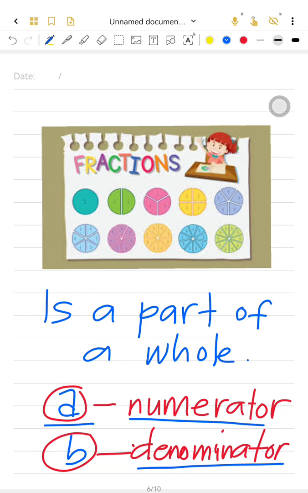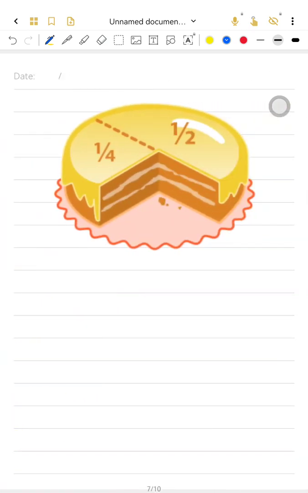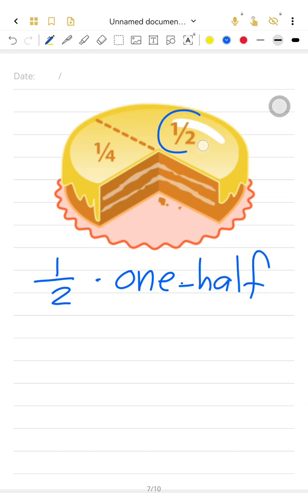So an example of a fraction, you can have this one. Since a fraction is a part of a whole, we can have 1 over 2, or 1 half. Another, we have 1 over 4, read as 1/4.